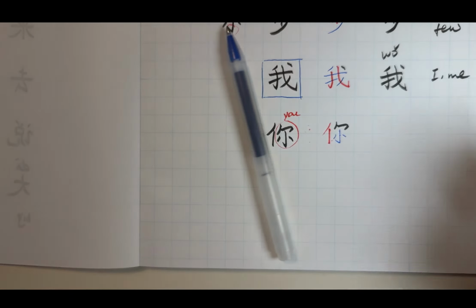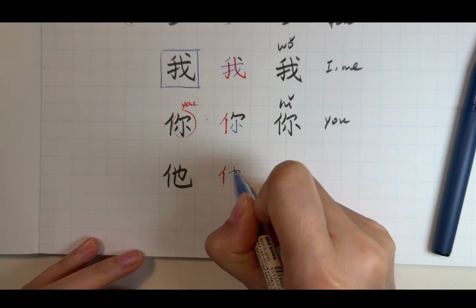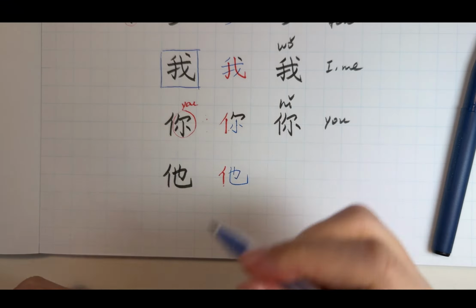So here, if you want to write 他, we have 单人旁 and 也, this 也. So we have 单人旁 and we have this 也.